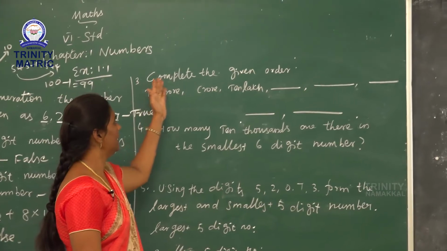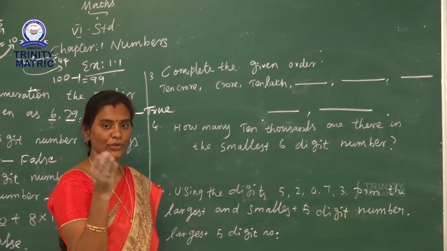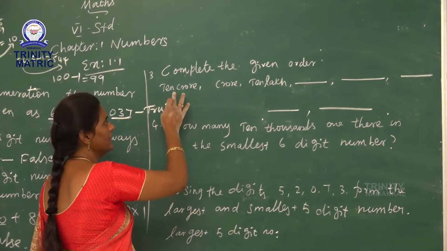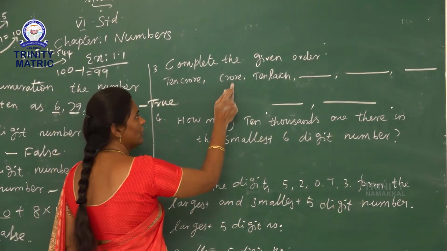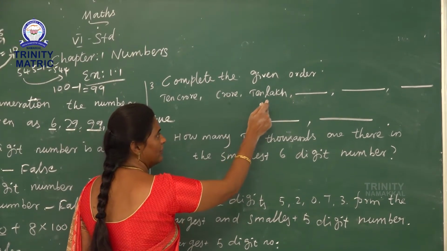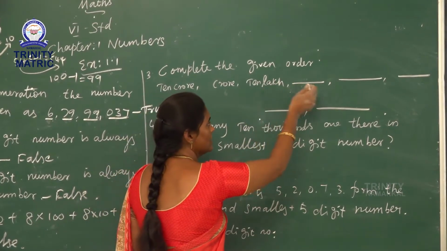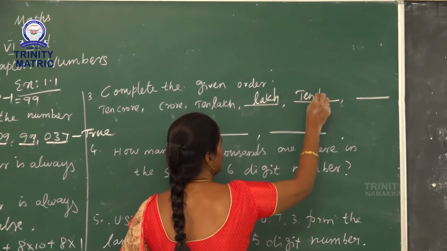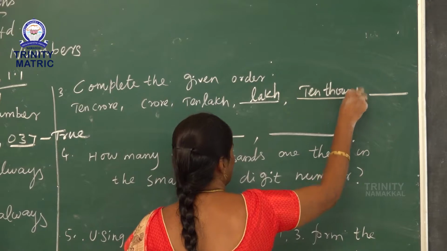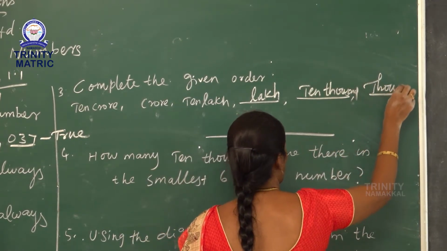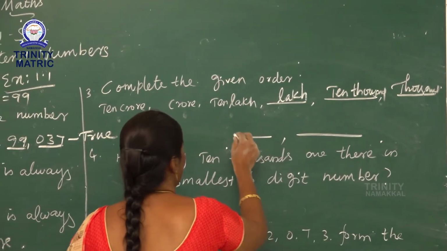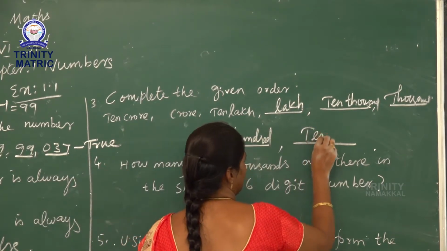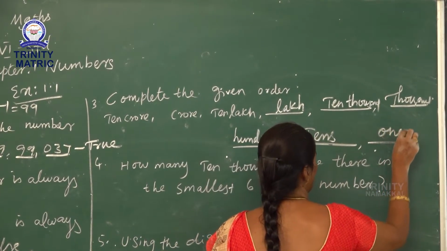Next, complete the given order. You know the place value in Indian system. See here, 10 crore is given. So after crore, then before that crore, 10 lakhs. Before 10 lakhs we get lakhs, then 10,000, then 1000 place, then here we have 100, here tens, then ones.